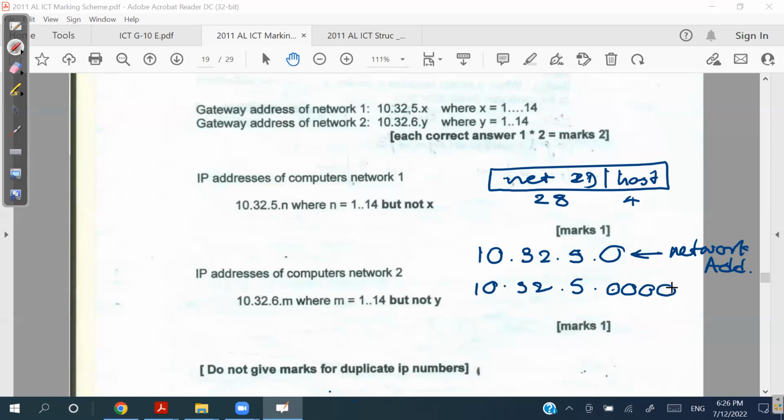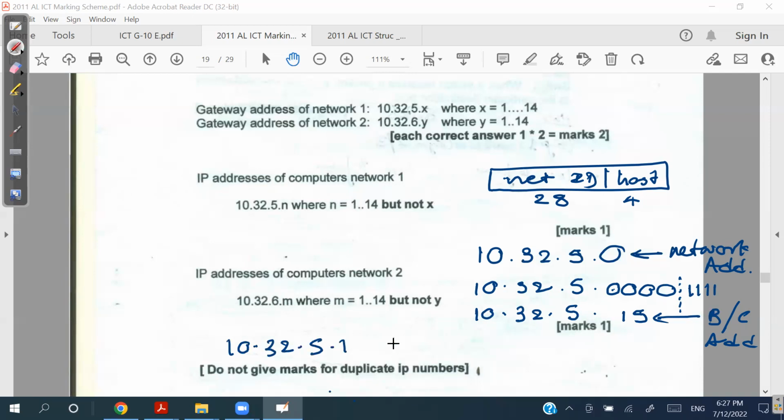These 4 zeros will be as it is, then after that there will be ones. That means 10.32.5.15 is going to be the broadcast. That means the range is going to come as 10.32.5.1 to 10.32.5.14, right?